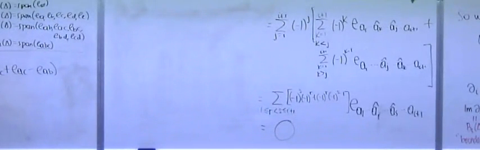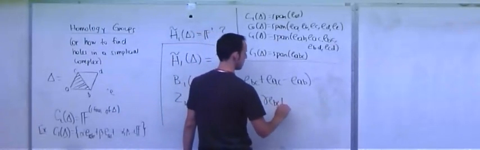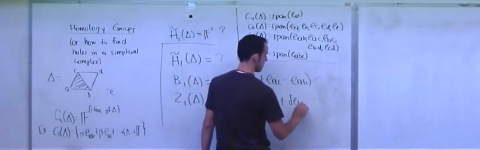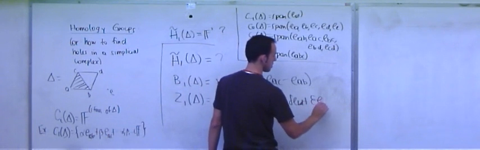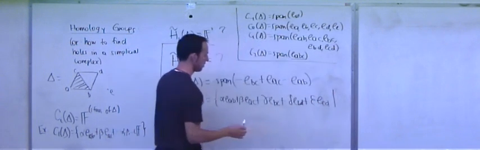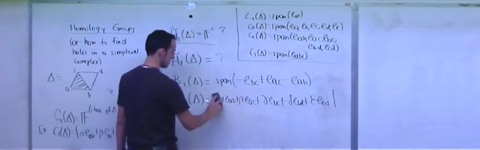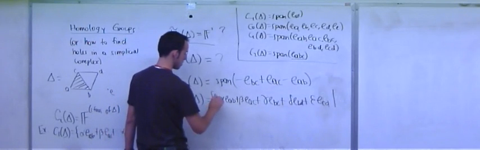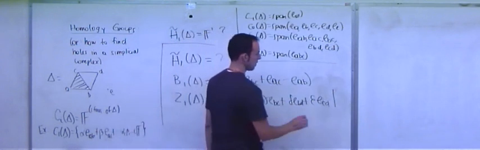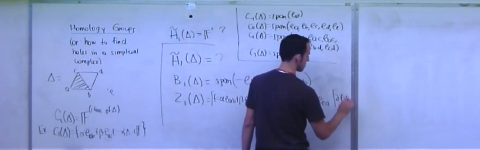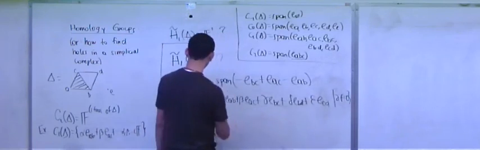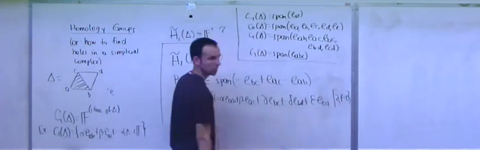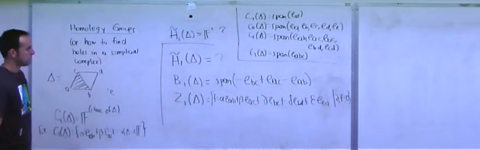This is basically the things of the form alpha EAB plus beta EAC plus gamma EBC plus delta EBD plus epsilon ECD, such that, we call this F, the boundary of F should be 0. Which boundary? Boundary 1. Okay?